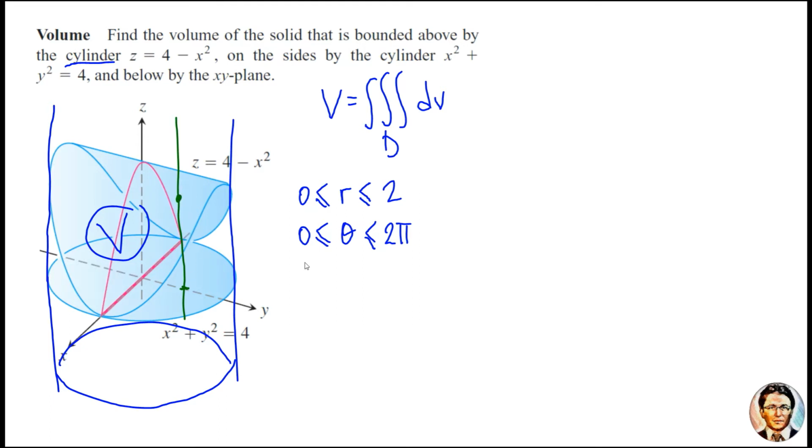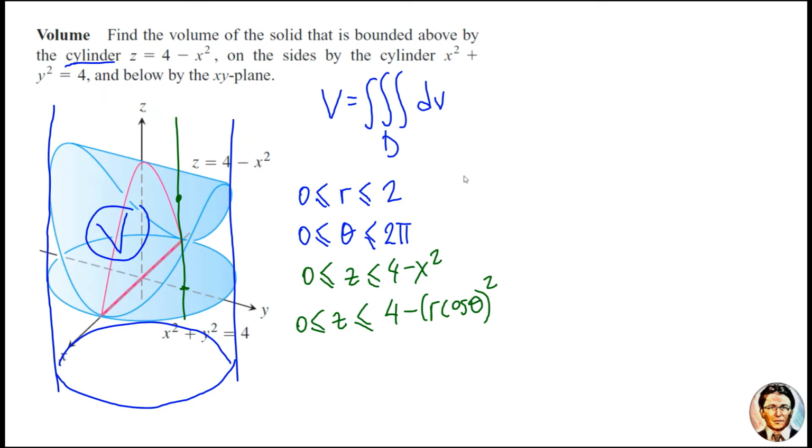So it will be between 0, which is the xy plane, and 4 minus x squared, but we will not use x because we have to express it in cylindrical coordinates. Remember, x is r cosine theta, so z is between 0 and 4 minus r squared cosine squared theta.